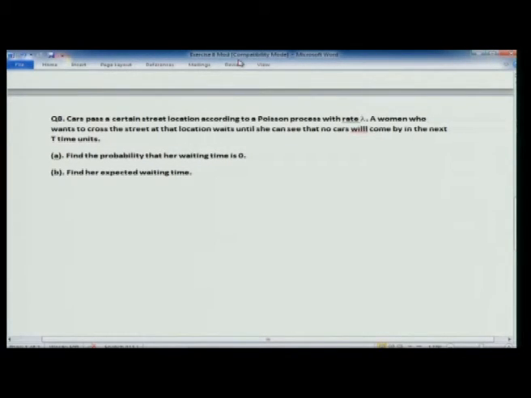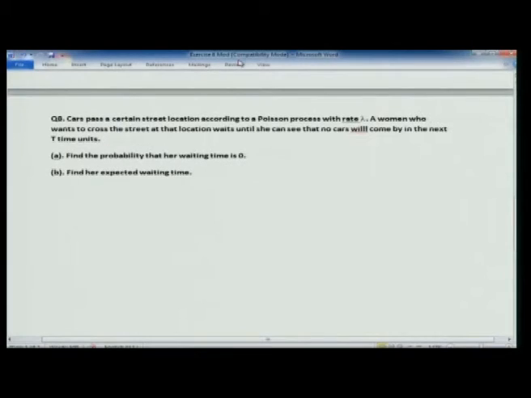The Poisson probability is e raised to minus lambda T, no arrivals. And find her expected waiting time. Now you have e raised to minus lambda t as the probability that her waiting time is 0, so you find out her expected waiting time. This you can now do by yourself.